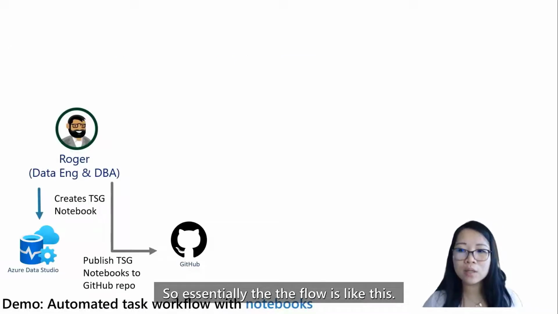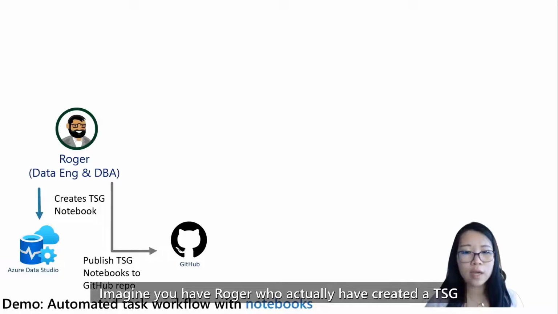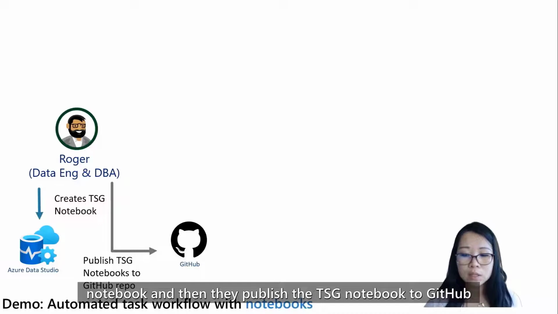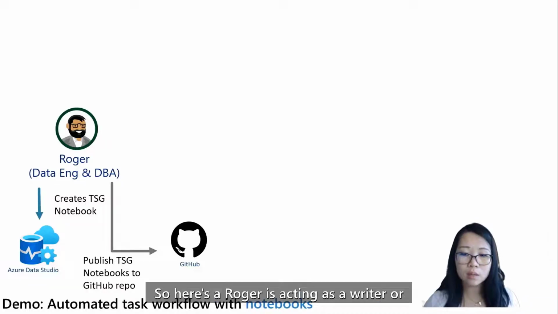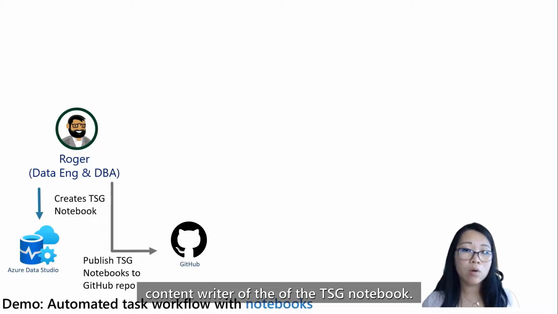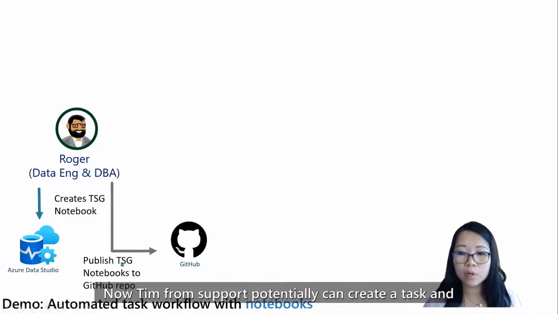So essentially the flow is like this. Imagine you have Roger who has created a TSG notebook, and then they publish the TSG notebook to a GitHub repo. So here Roger is acting as a writer or content writer of the TSG notebook.